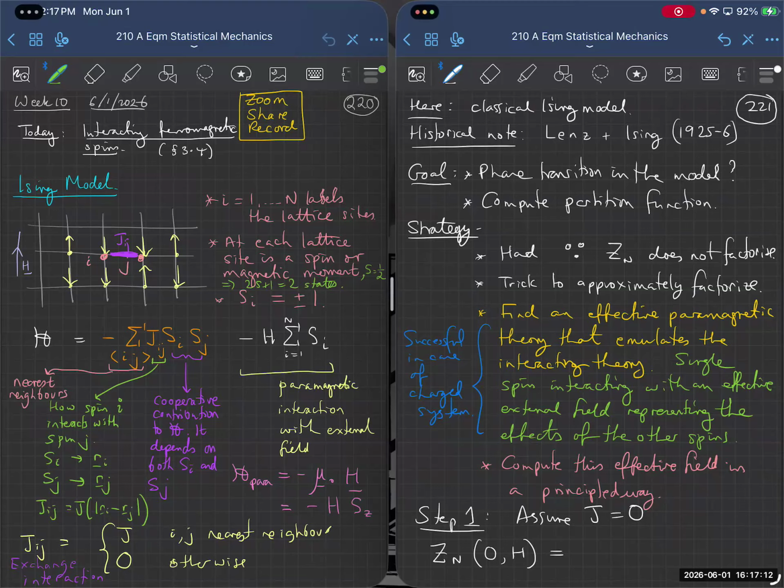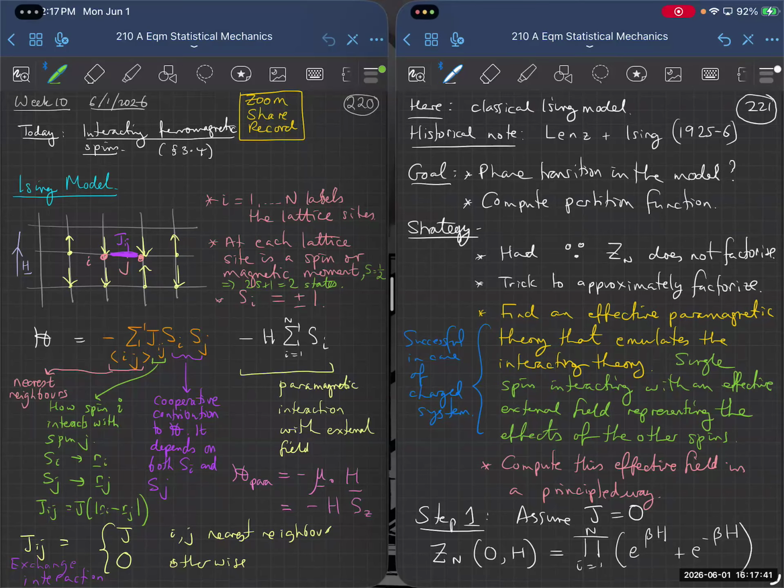So this is the product from i equals 1 to n of the partition function for one spin. And the partition function for one spin has two terms, one when the spin is up, once when the spin is down. So that is e to the beta h plus e to the minus beta h.